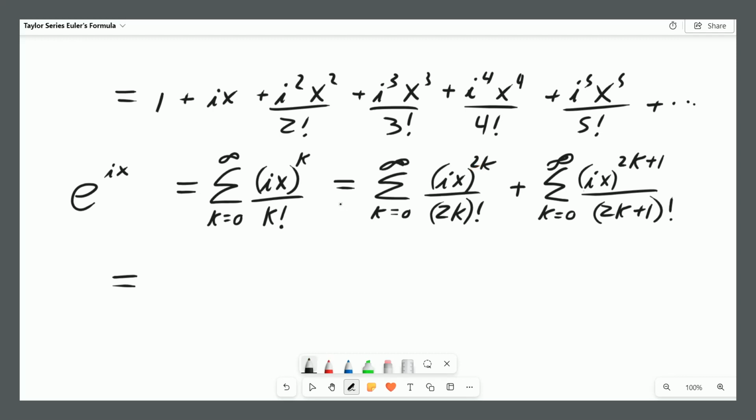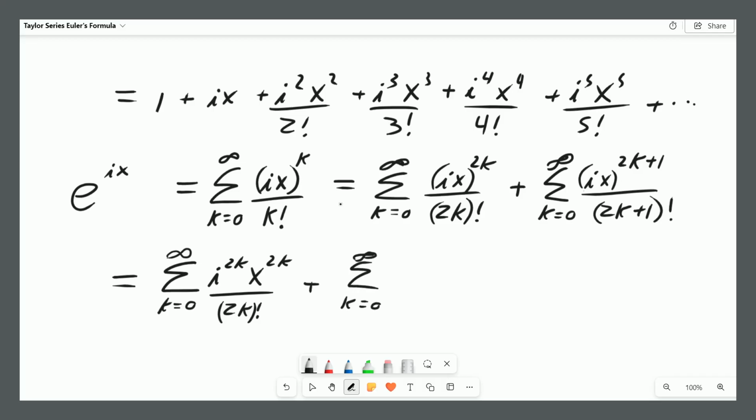For our even terms, we have a sum as k goes from 0 to infinity of i to the power of 2k times x to the power of 2k over 2k factorial, plus the summation as k goes from 0 to infinity of i to the power of 2k plus 1 times x to the power of 2k plus 1 over 2k plus 1 factorial.